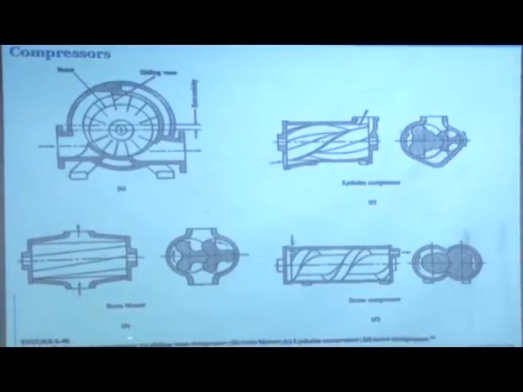So, there are many compressor designs which were used, but most of these have a lot of maintenance issues. Therefore, with time it was generally agreed that for most IC engine applications, since the RPM is very high, it is always a good idea to go for a centrifugal compressor, which has minimum maintenance.